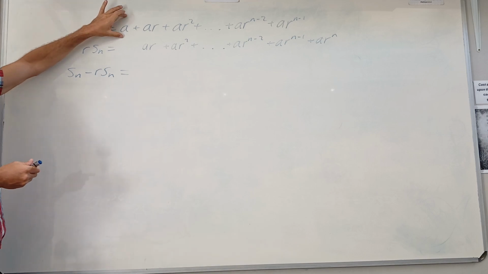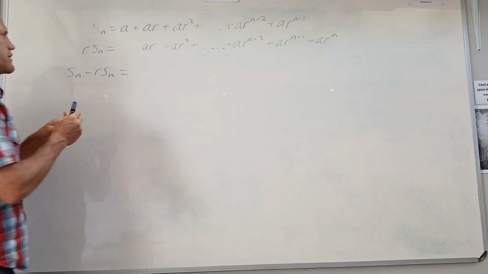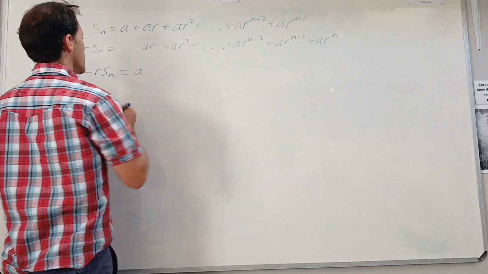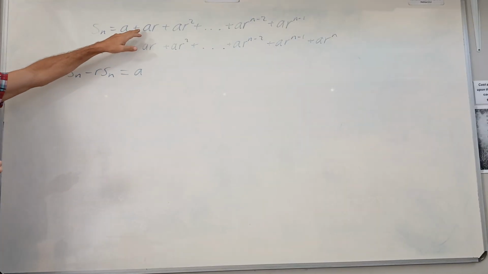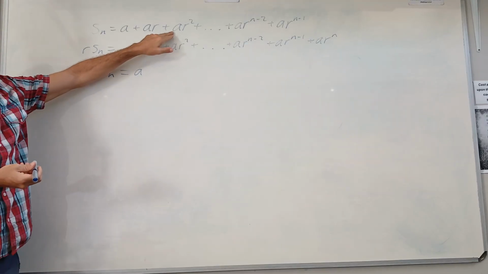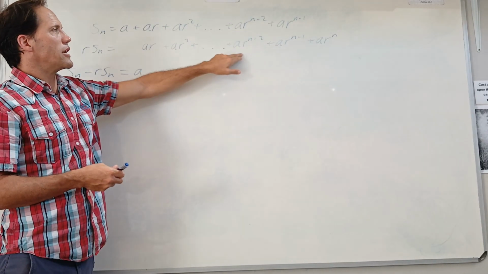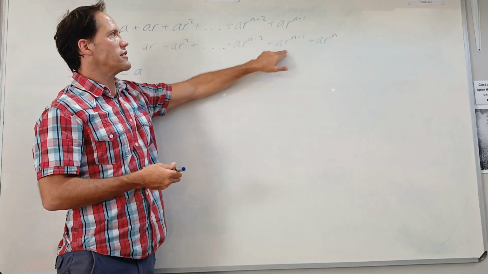So here we've got a minus nothing there, so a minus 0 is still a. Here, when I subtract, it's 0, because they look the same. Here, it's 0. Here, it's 0.